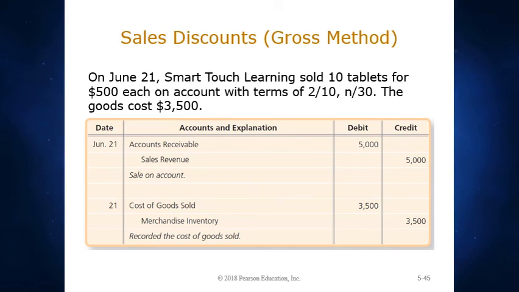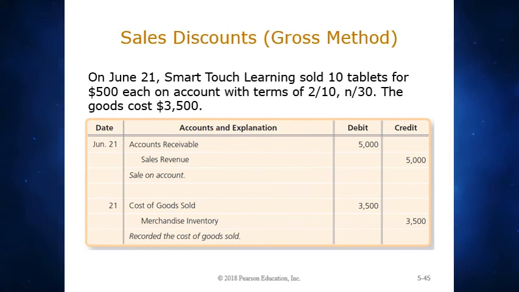So utilizing the gross method, this is how it would look. Everything we've done up to this point has been the net method. This is the gross method. So we send out this invoice for our 10 tablets at $500 each with the payment terms of 2/10, net 30. In this case, we're assuming that they're not going to take that discount right away.